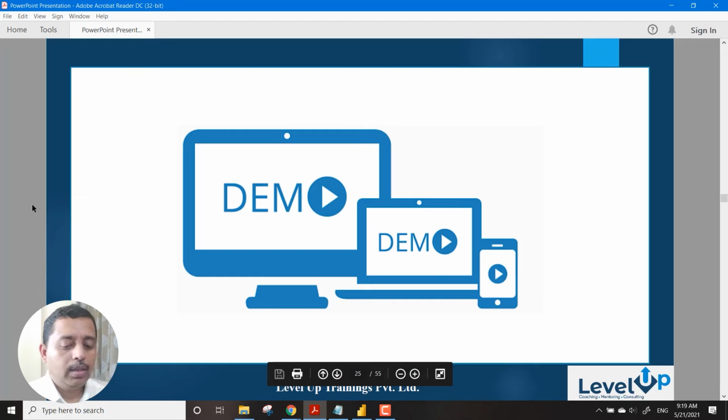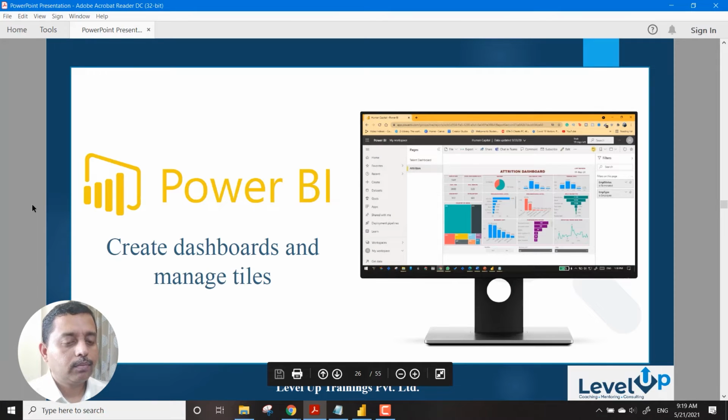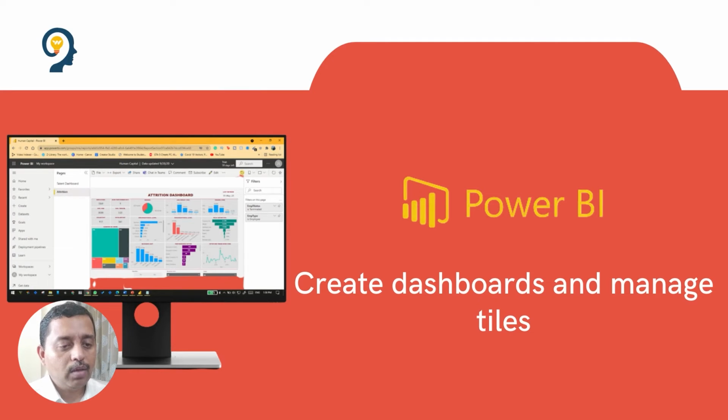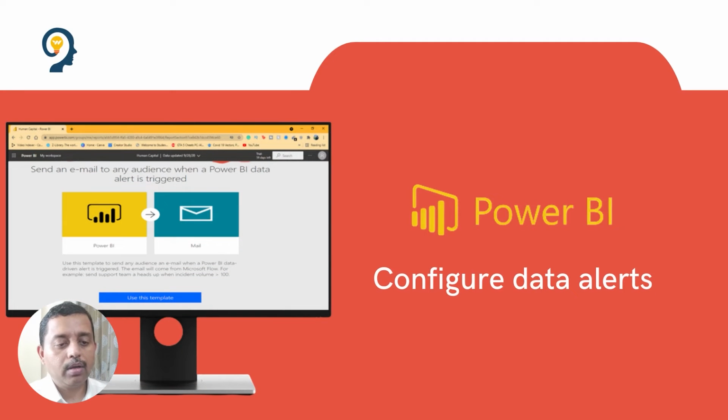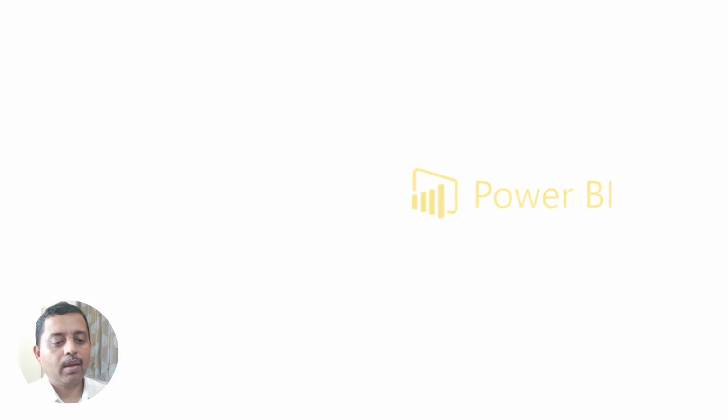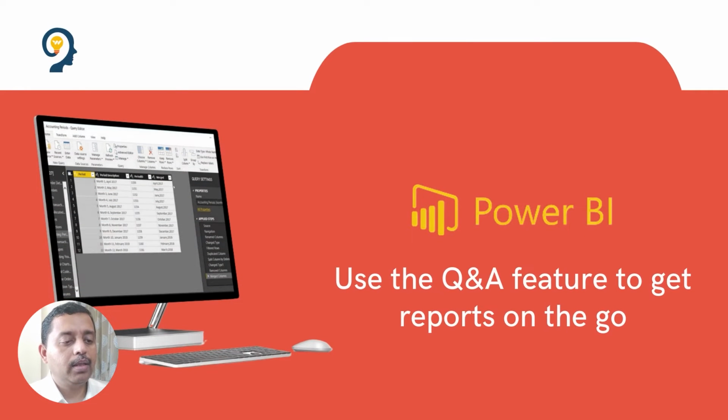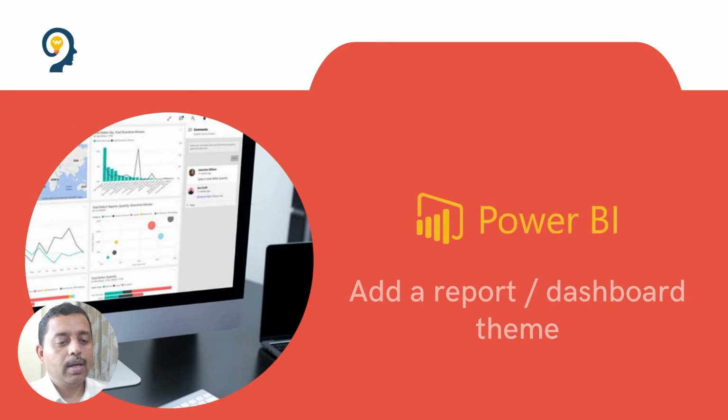So let's move forward. We are now talking about creating some kind of tiles onto a dashboard. We have seen certain things, and we will see how to configure the data and alerts and other things. Also we will be looking into the Q&A feature. So adding a report and theme.